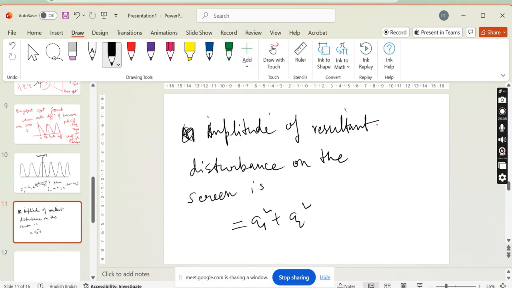The intensity is A1 square plus A2 square plus 2A1 A2 cos delta.